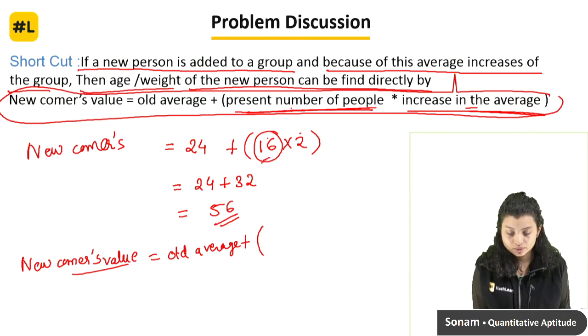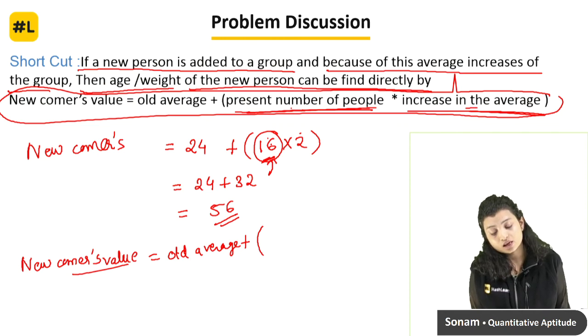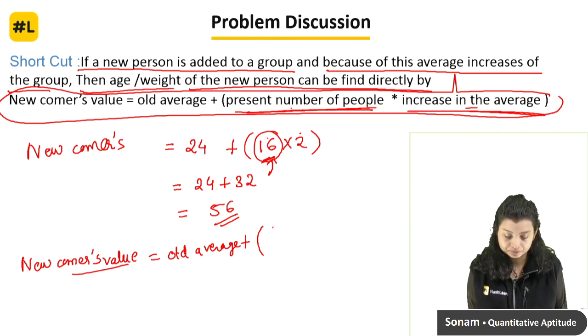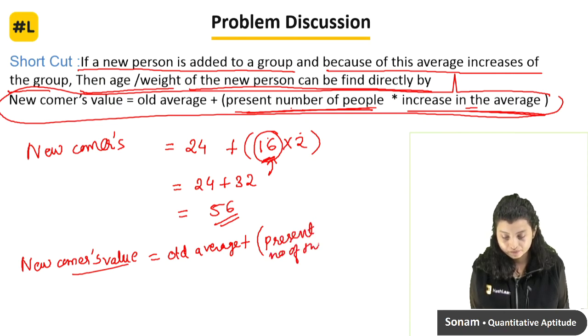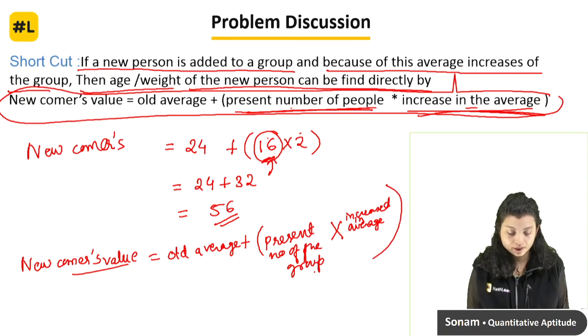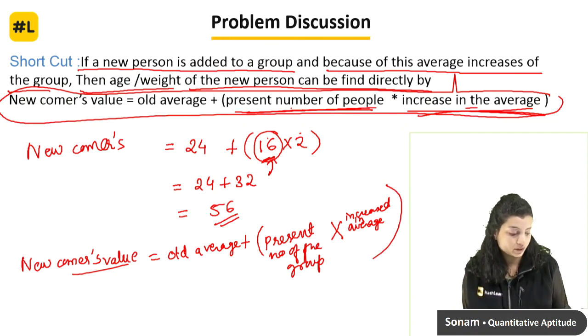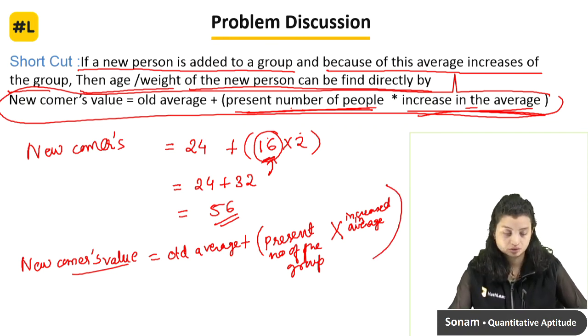Do not mistakenly write 15 here, because 15 is the number of girls earlier in the group. Now it is 16, the present number of people in the group, into the increase in the average. This formula will help you solve many questions.